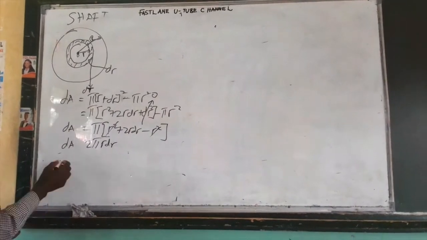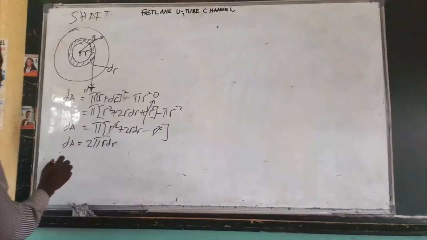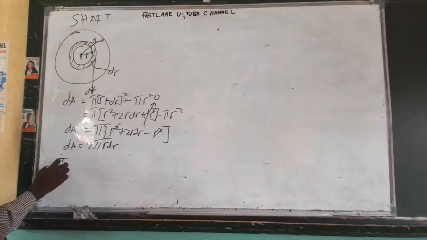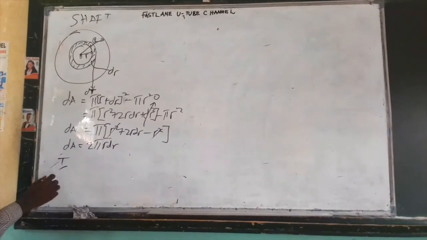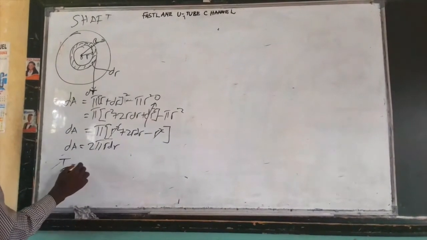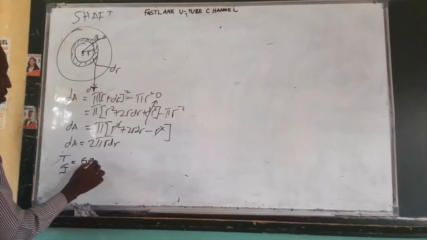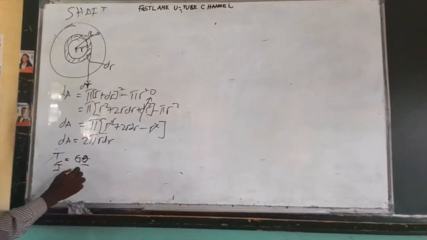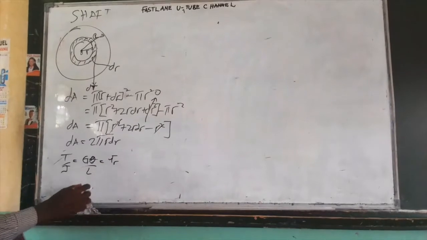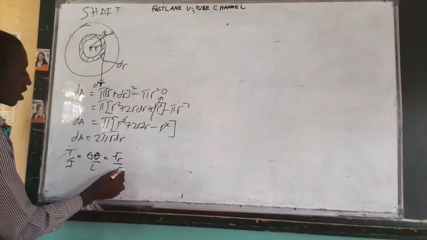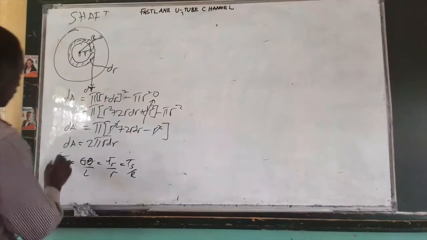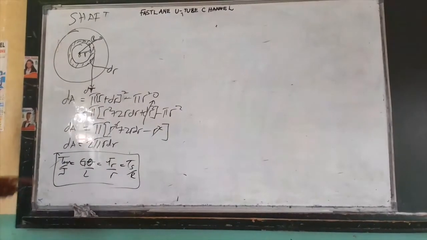So we use the torsional relationship: T over J, the maximum torque over the polar moment of inertia, is equal to G theta over L, the twist, which is equal to the shear stress at a distance r from the center, Ts over r.